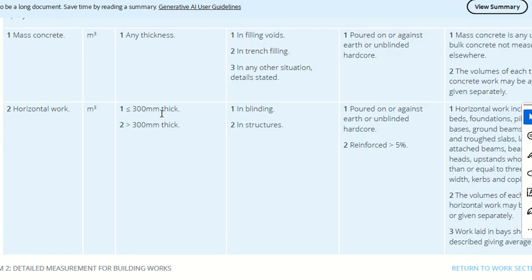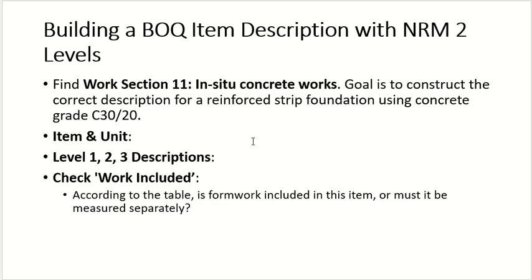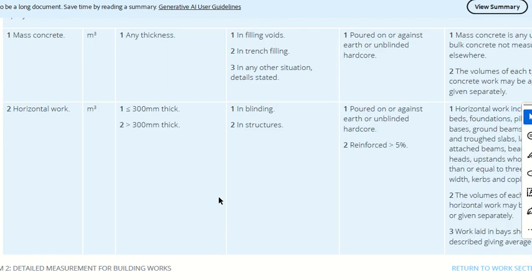So from the information I have, this is for foundation. I will look at the thickness then, because blinding is something else, blinding is not foundation. Level 2 is not structures as well, so I will not go into level 2.